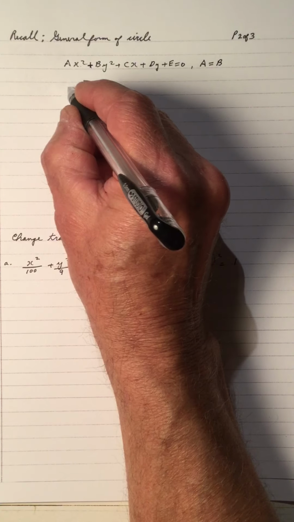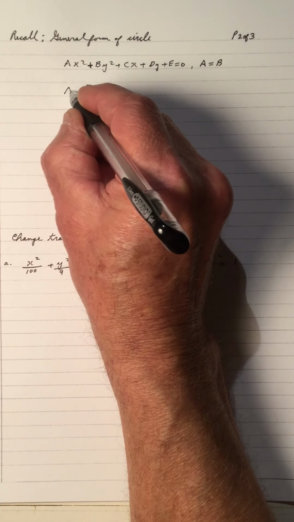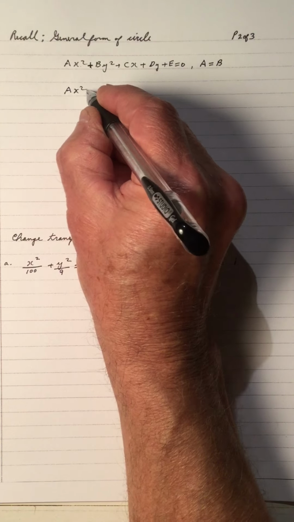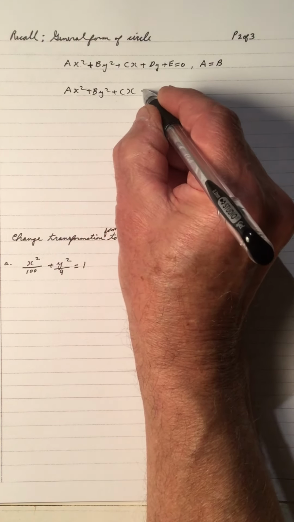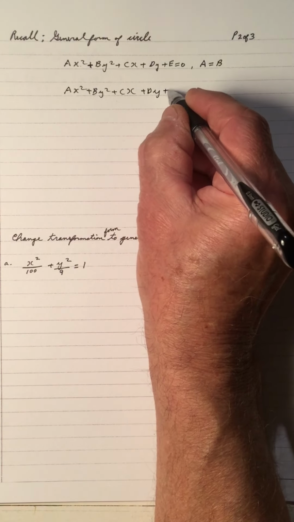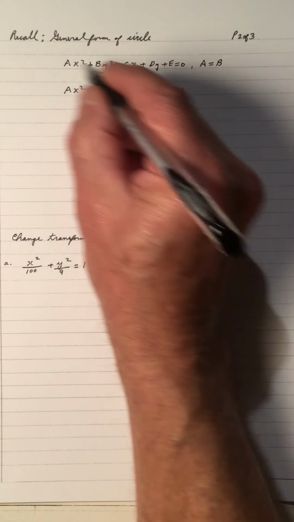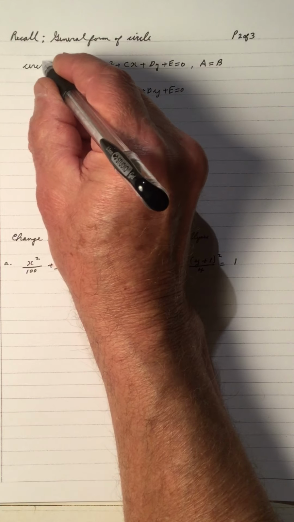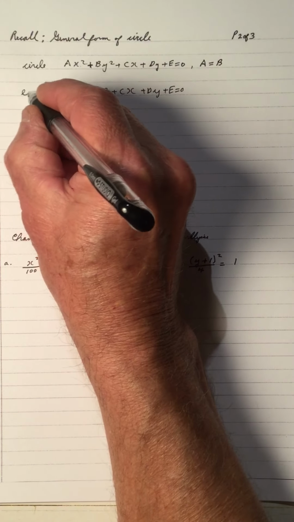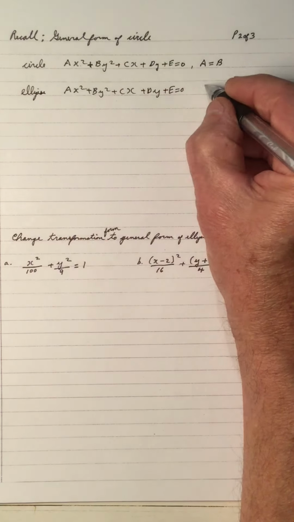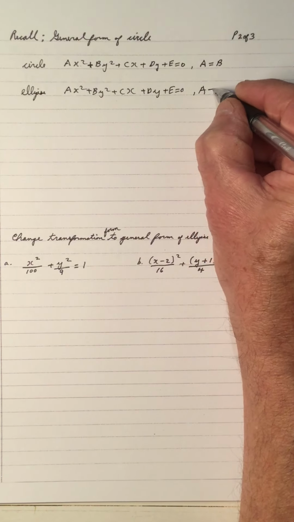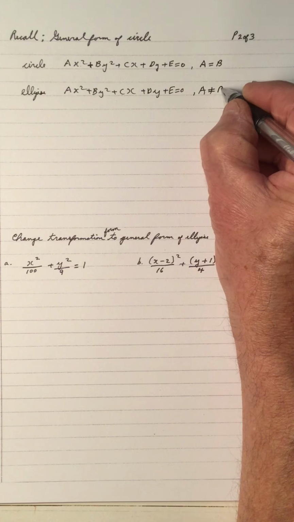But in an ellipse, we have the same equation. Let's write it down again. This is a circle, where a is equal to b. This is an ellipse, where a is not equal to b.